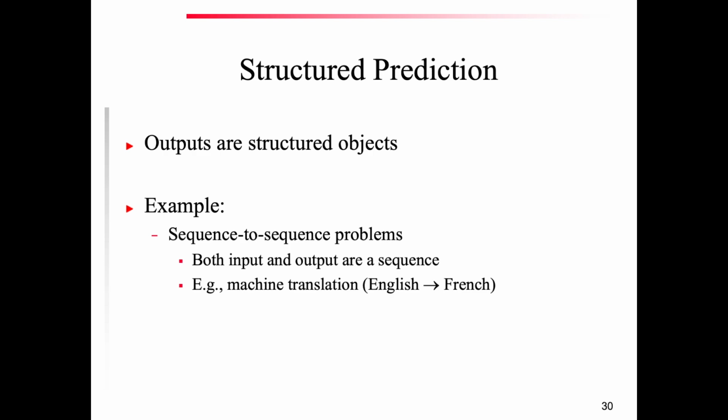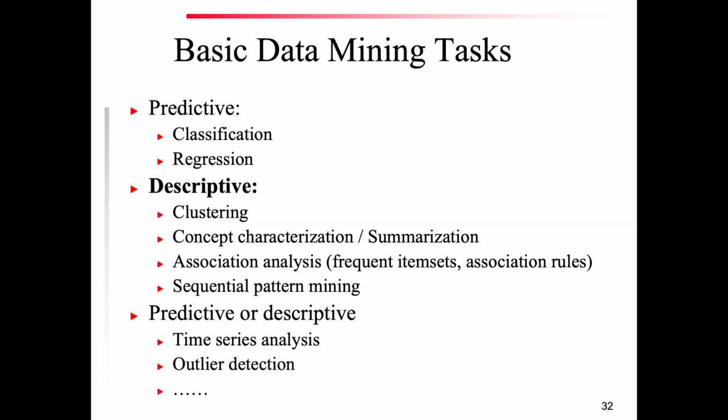So we have also structured prediction, which means that the outputs are structured objects. For example, we can have sequence-to-sequence problems when both inputs and outputs are a sequence, for example, in machine translation. So far, we talked about the predictive task in data mining, but sometimes we just want to have a descriptive task.